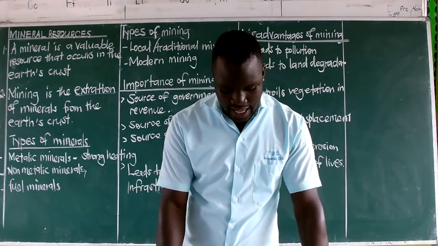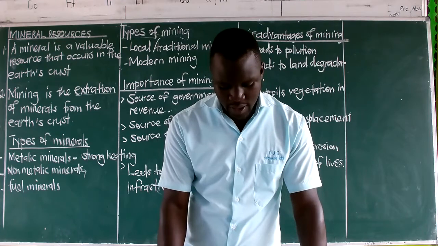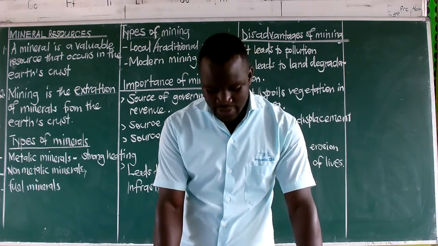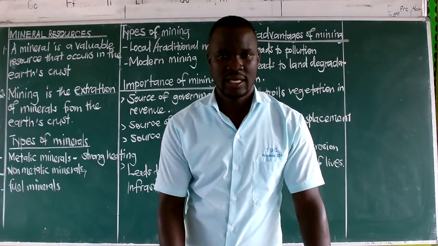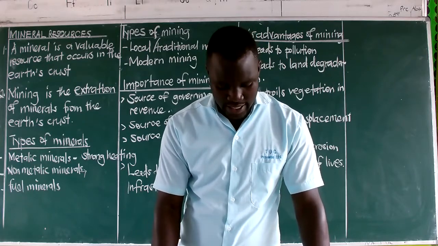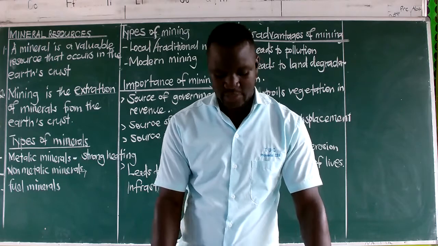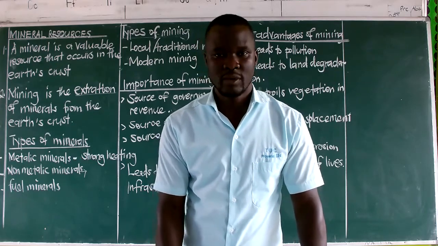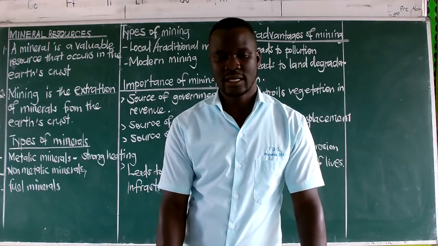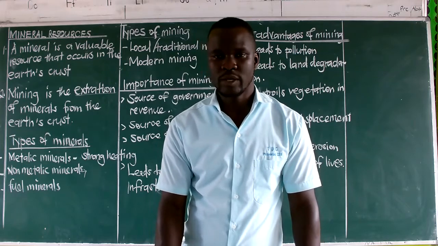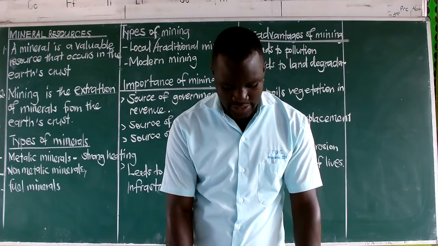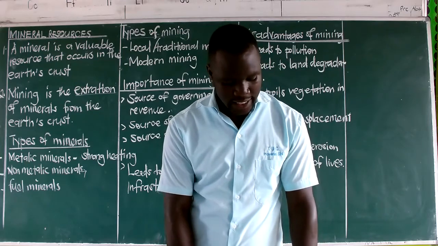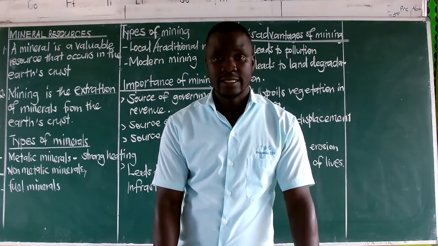And then the problem of power shortage can be reduced by constructing more power stations that will supply enough power in the country, so that power will be constant and the mining will go on well without any interruptions. So for that, we come to the end of our discussion.